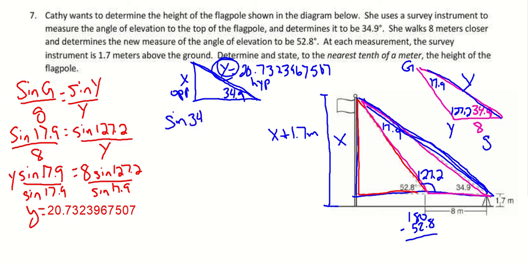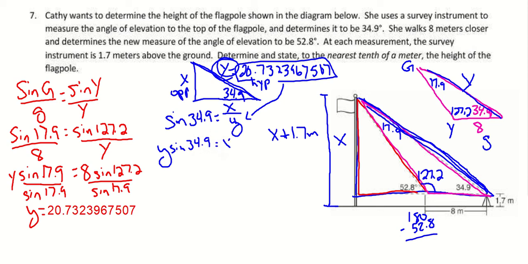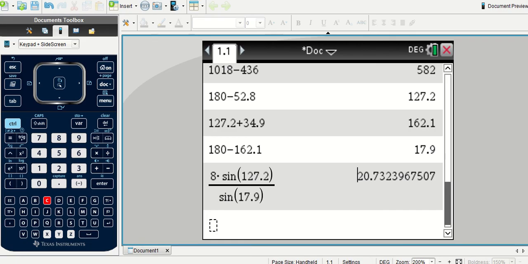Sine of 34.9 is equal to the opposite side over the hypotenuse, which is that number. Remember, we're plugging that in for Y. And I get Y times the sine of 34.9 is equal to X. I don't have to type that long number in. It's right here.